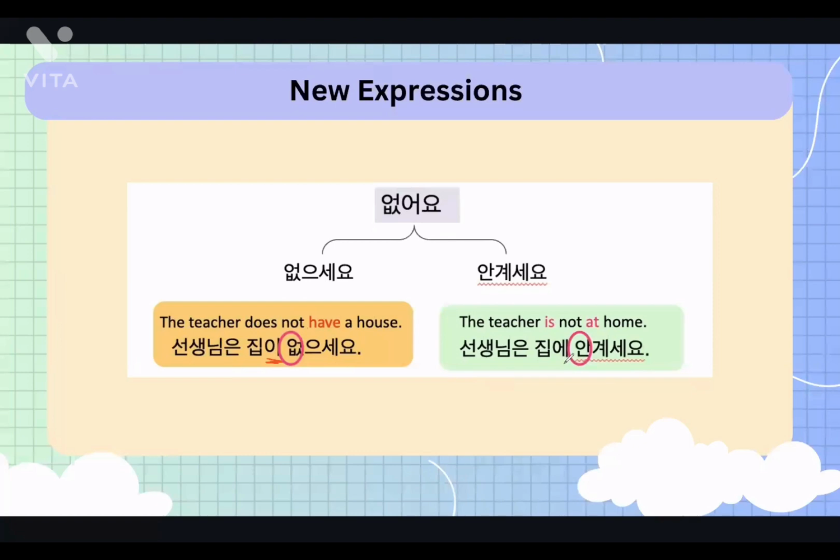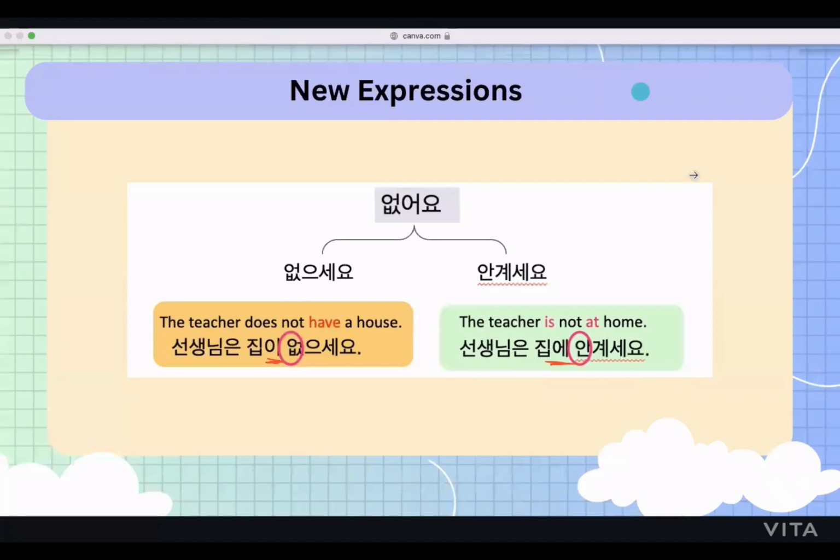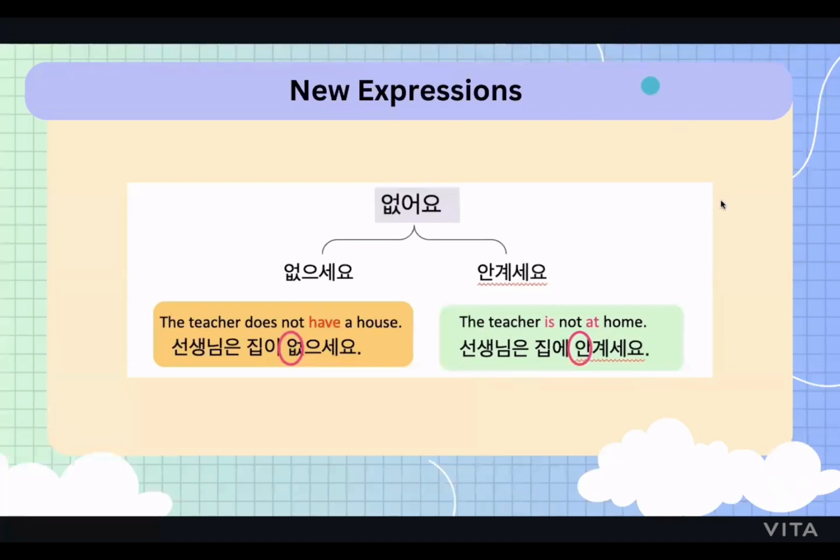But 선생님은 집에 안 계세요. It means the teacher is not at home. 집에, 에 means the place particle. So 선생님은 집에 안 계세요, the teacher is not at home. But 선생님은 집이 없으세요 means the teacher does not have a house. So please remember the negation part. Negative forms: 없으세요, 안 계세요. Possession, existence. Okay, then let's move on.